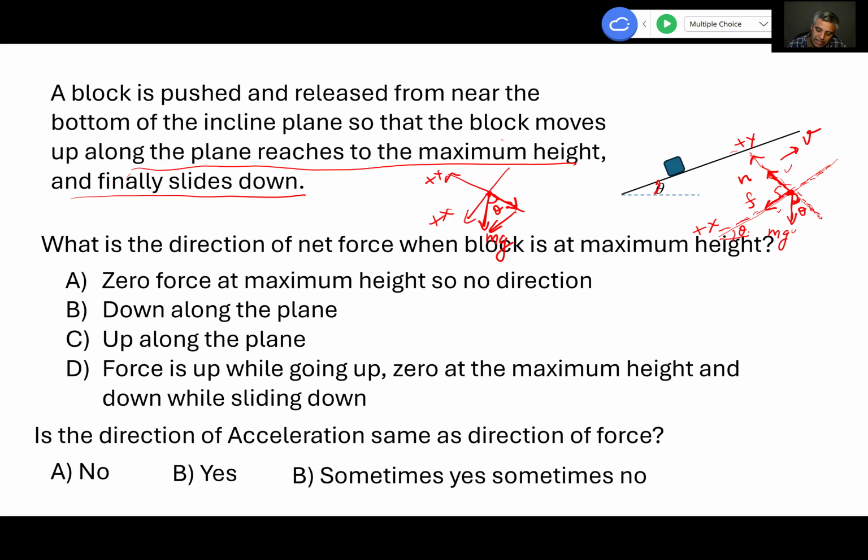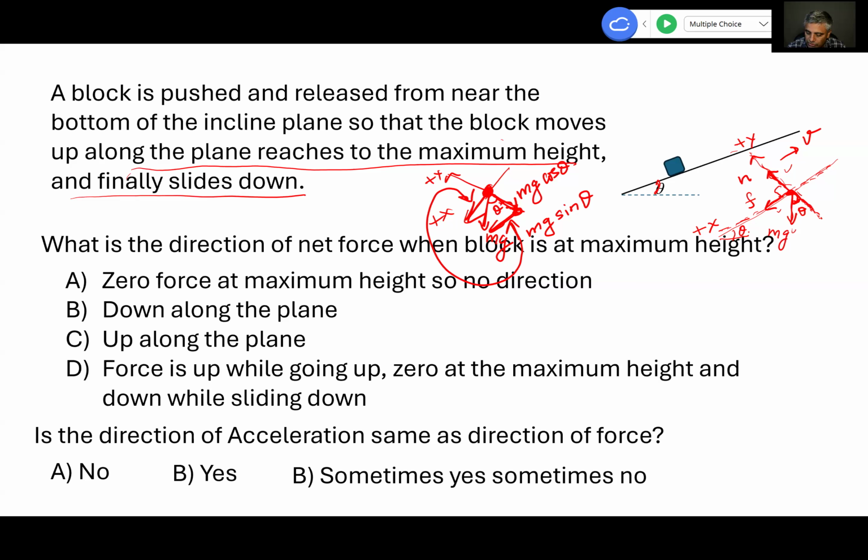So this side is adjacent to the angle, so that's why it's going to be the cosine component of mg, and this is going to be the sine component of mg. But in a free body diagram, what do we do? We draw all the arrows starting from the object of interest. So the object of interest is here, so we move this one over there and draw it there.